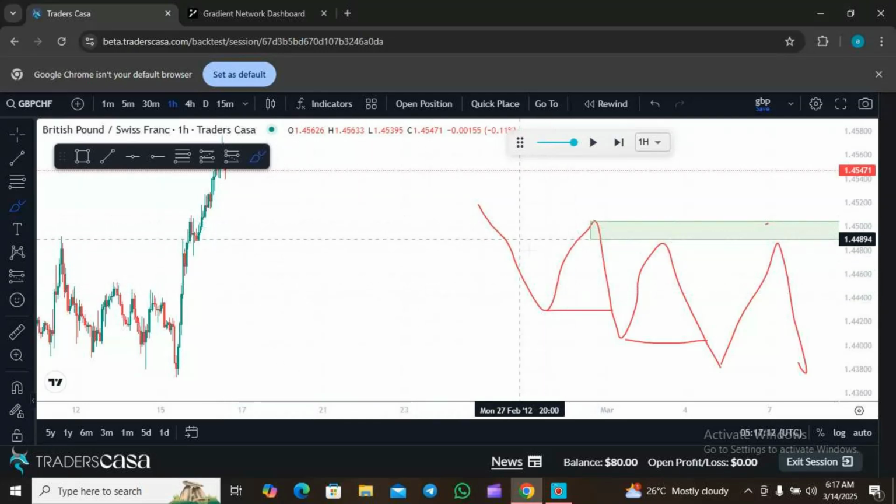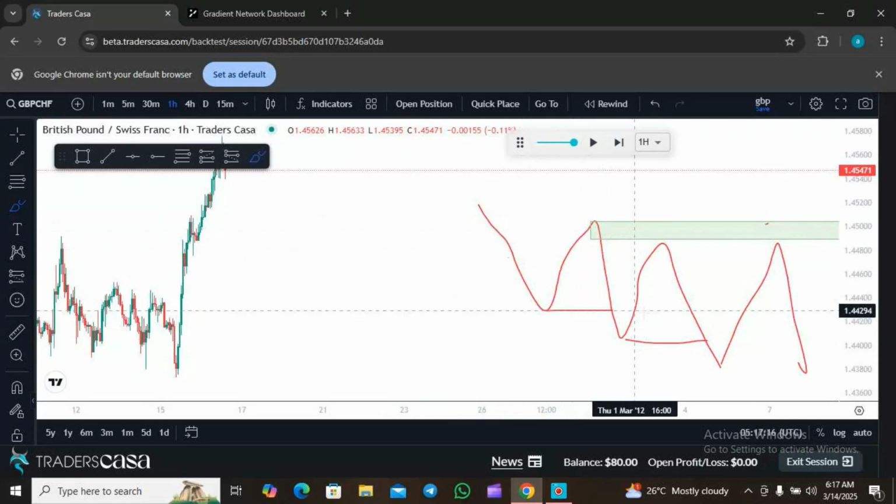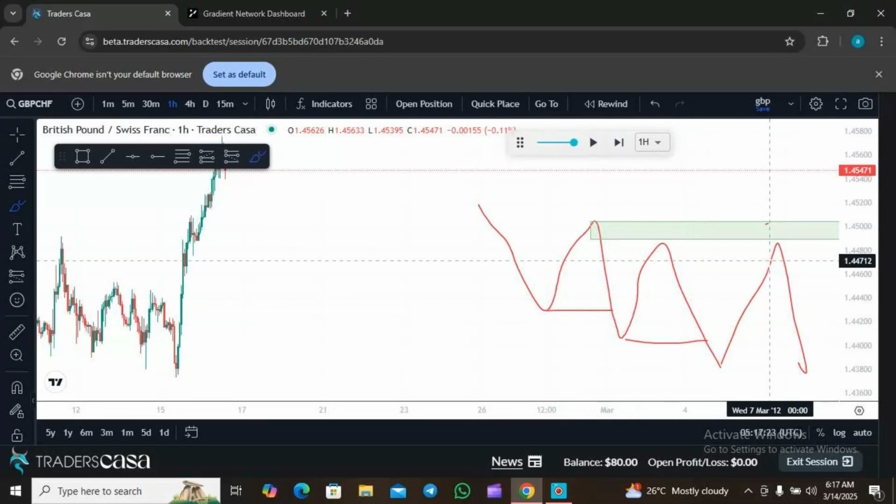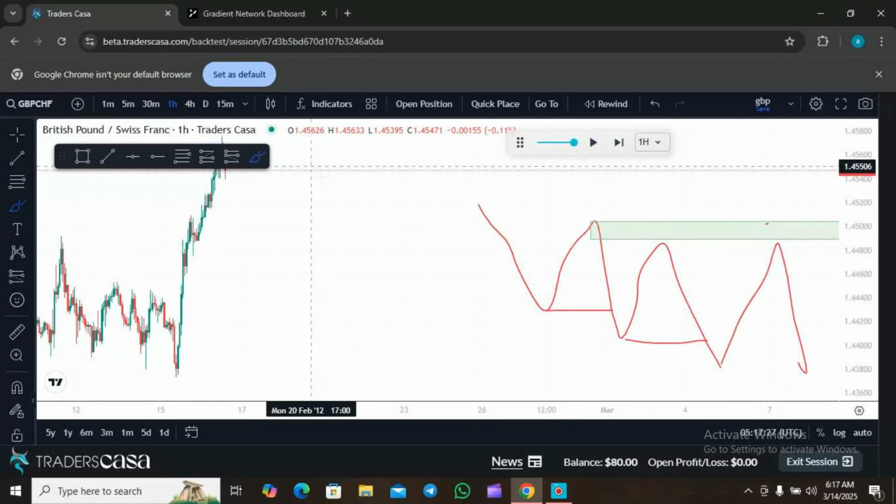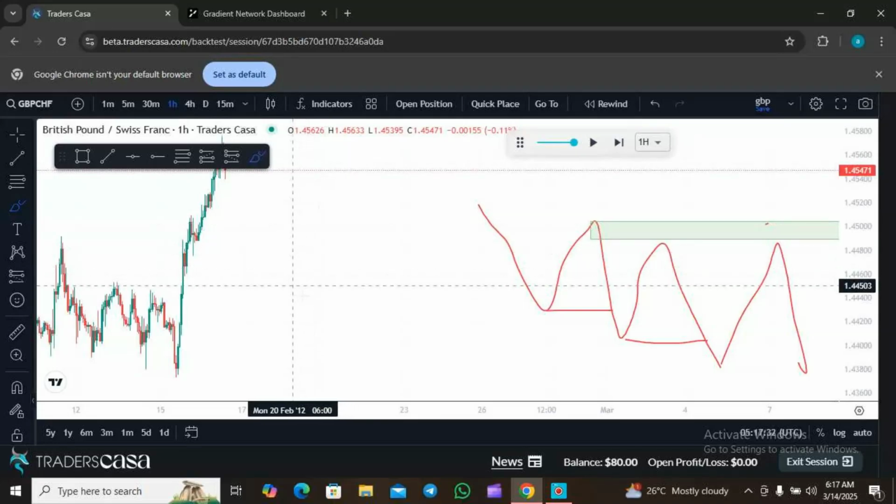Why? Following in a situation that it doesn't have a sweep, that it's just a straight break of structure without a sweep. But once you spot it in a high probability trade setup like this, it will give you a maximum result.